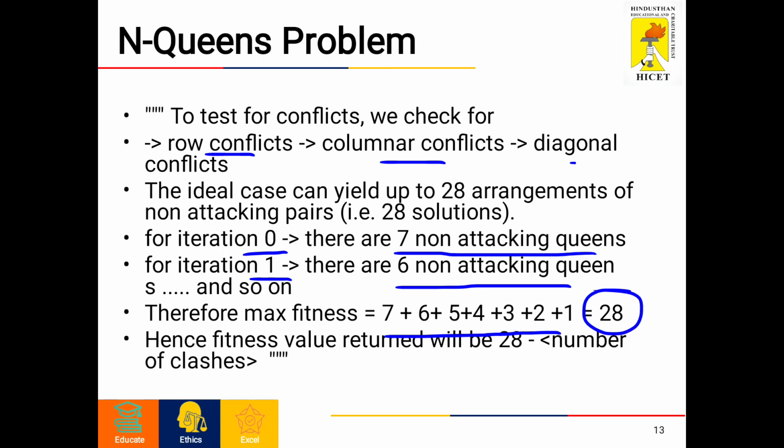So that's why the stop criteria is given as 28. There will be 28 clashes in an 8 by 8 chessboard. For 8 queens, it will be 7 plus 6 and so on. When we sum up all these things, we'll be getting 28. If an individual has high fitness, it will have a lower number of clashes. Therefore, the fitness value will be calculated as 28 minus the number of clashes.